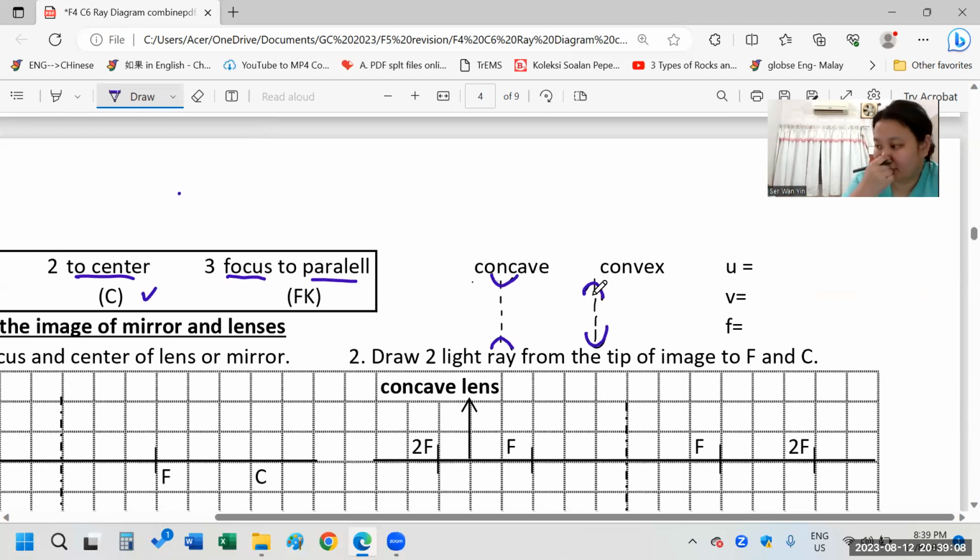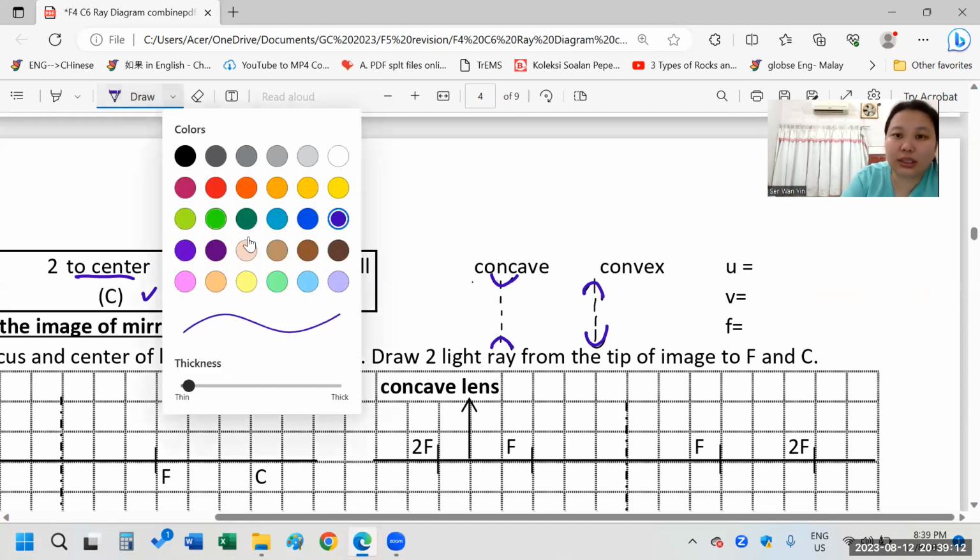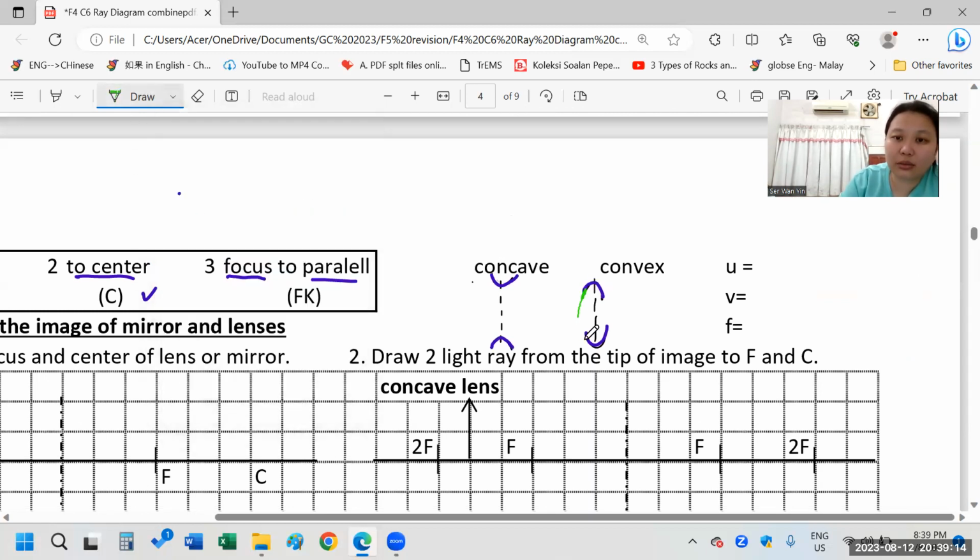An easier way: if the bracket is closed, we can make it a convex lens. If the bracket is open, we can make it a concave lens. That's why we can draw the simple way.